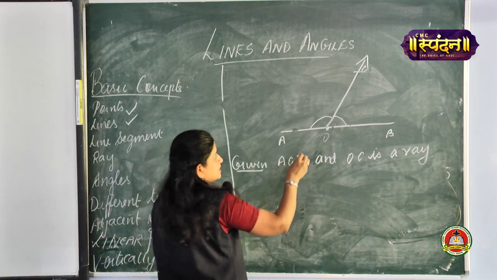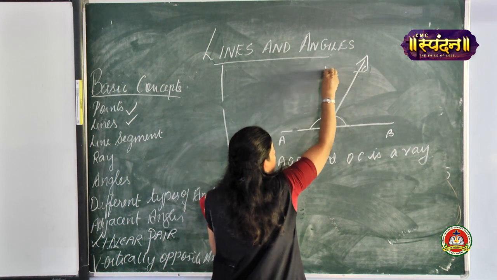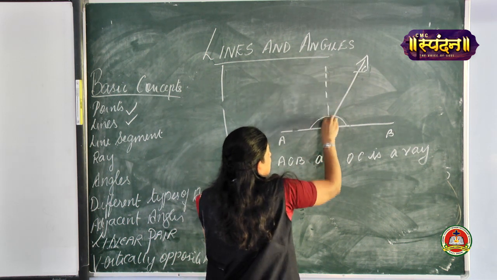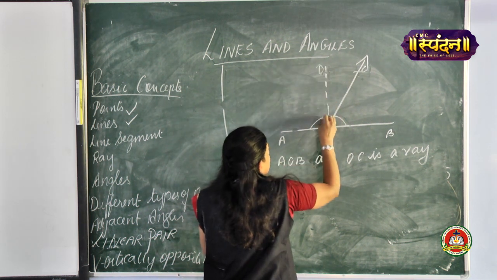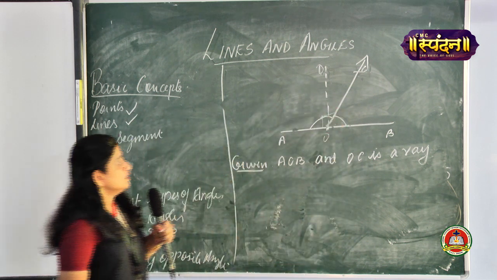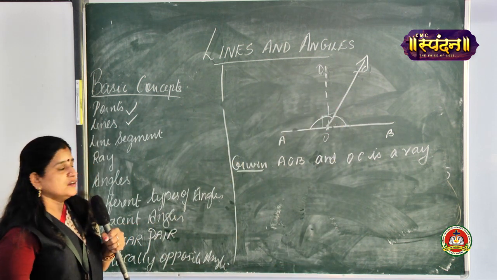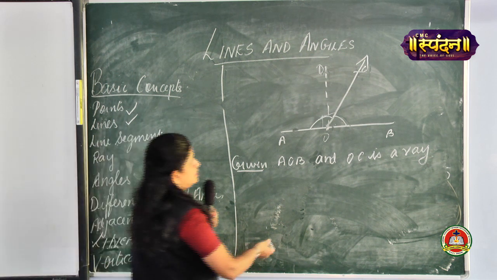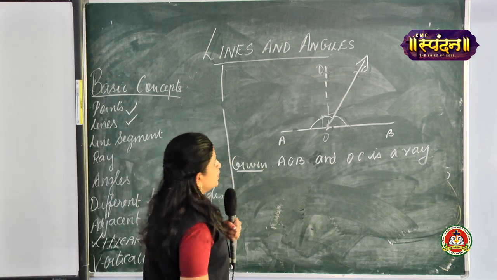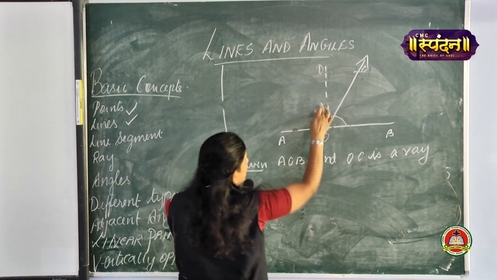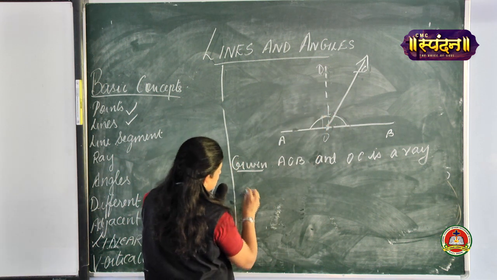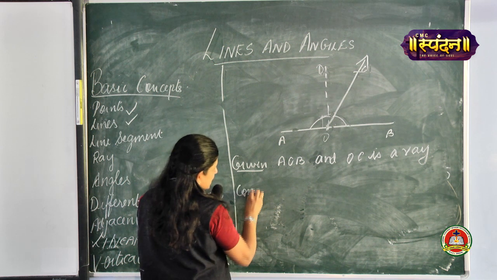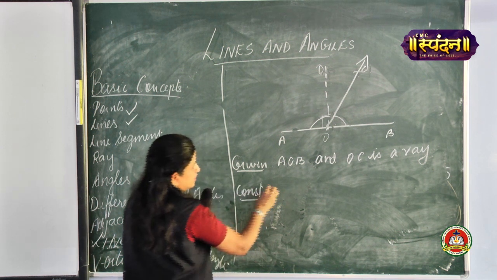Now first let me draw a perpendicular over here. I will write DO perpendicular to AOB. Draw DO perpendicular to AOB. If you are going to draw a perpendicular, you can observe that this will be written in the construction.